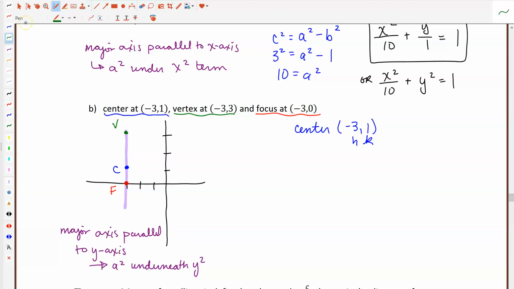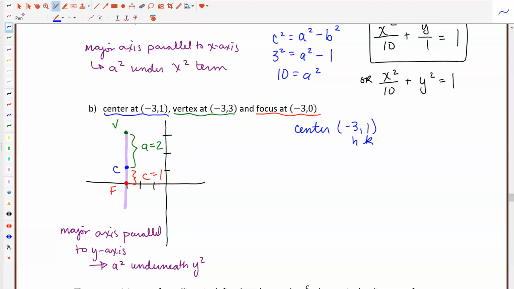Other things I know is the distance from my center to one of the vertices is a. It lives on the major axis. It's how far out you go from the center. And the value for c is the distance from the center to the foci. So in this case, my value for c is going to be 1.